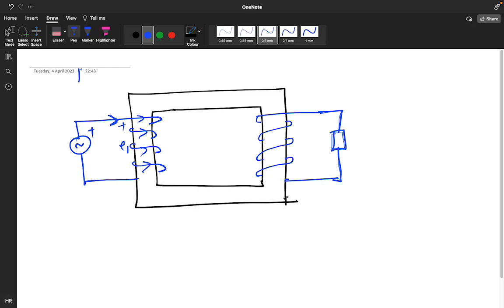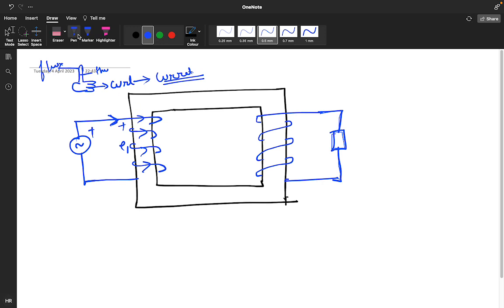If my curl is showing current directions, then thumb will represent flux. And if my thumb is representing current direction, then my curl will show the flux. So here I am using all four fingers as a curl. They are representing the current.